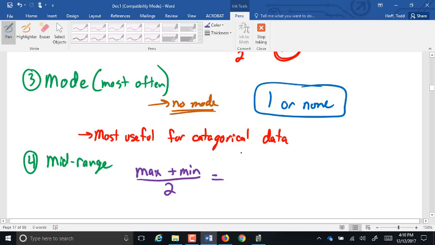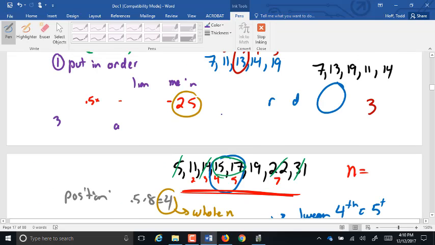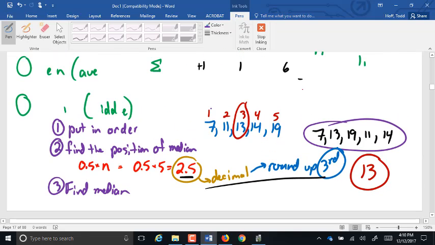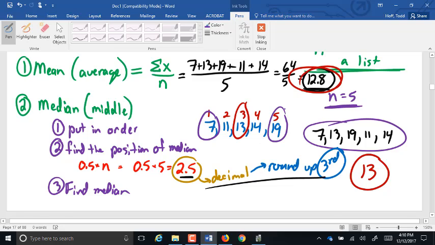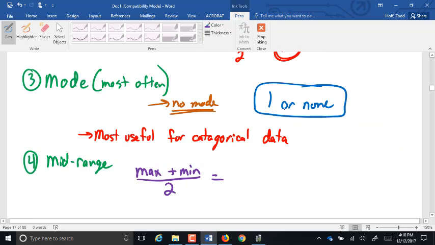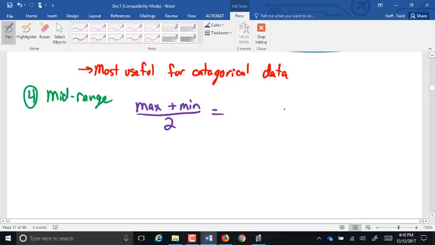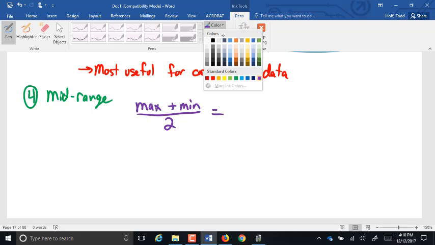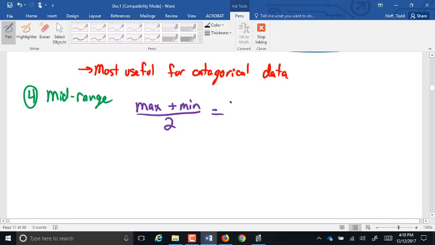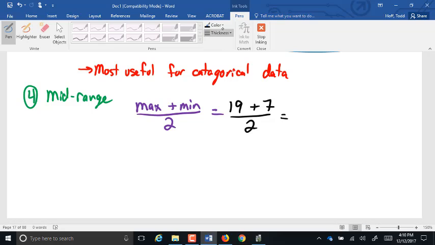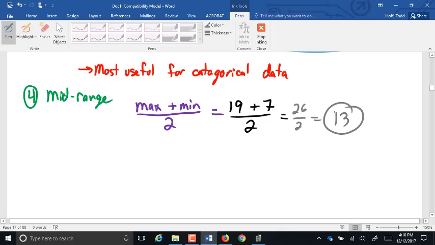So for our original data set up here, our smallest number was the 7, our largest number was 19. So our mid-range, maximum 19 plus minimum of 7 divided by 2. Again, make sure you hit equals when you add those together. That'll be 26 divided by 2, which is 13.